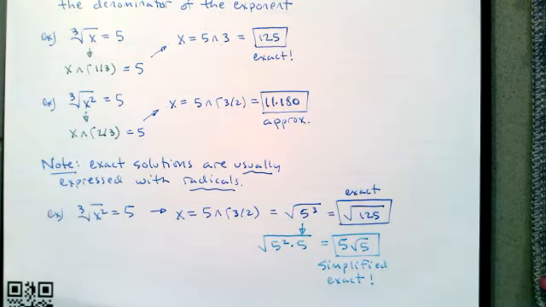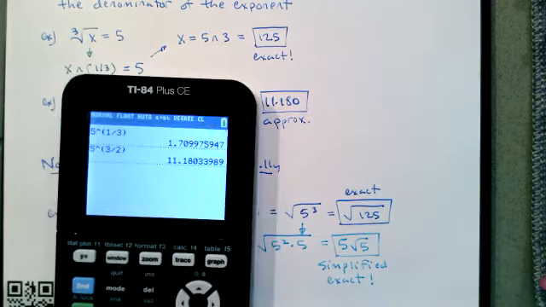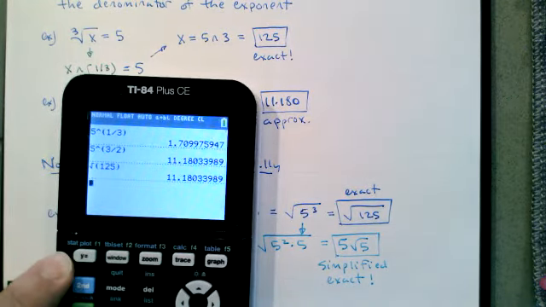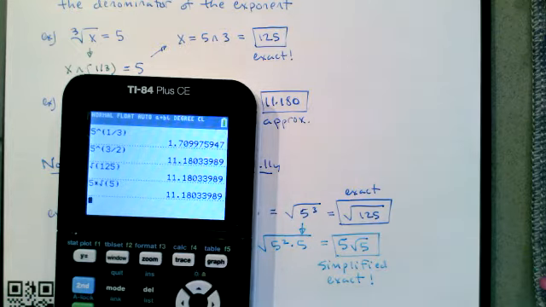Notice that if we grab our calculator and ask for the square root of 125, we get the 11.180, or if we do 5 times the square root of 5, we still get the 11.180. The 11.180 is the most important thing.